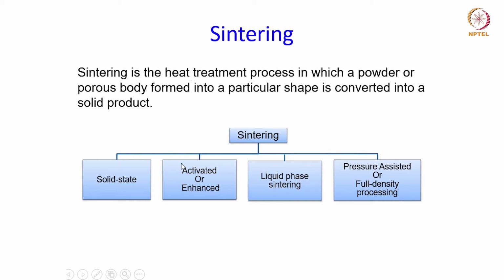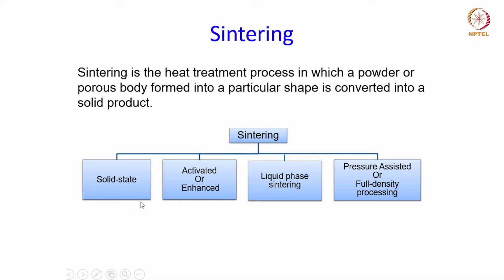Okay, so which method of sintering will be used primarily depends on the material which is to be sintered. For example, if you have a material which can be easily compacted and sintered, then the conventional solid state sintering itself will be enough.